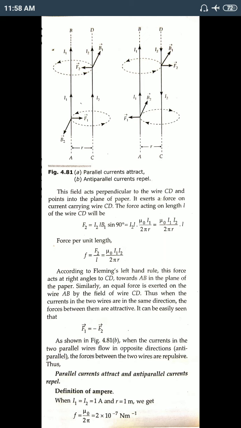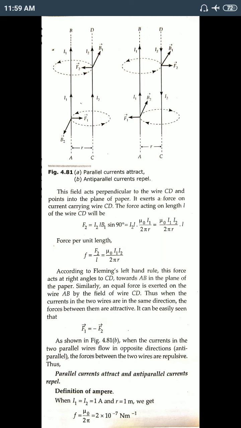Try to find out the expression of F1 at home. If you apply Fleming's left hand rule on AB due to CD, you see that the F1 direction is towards CD, that is opposite to F2.